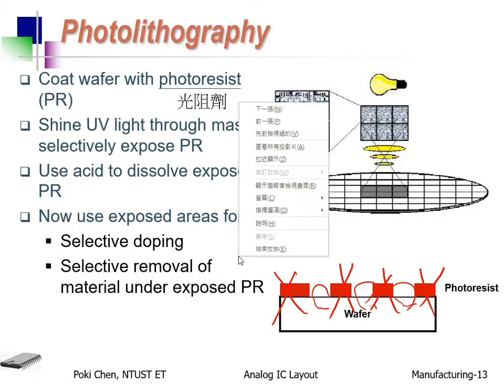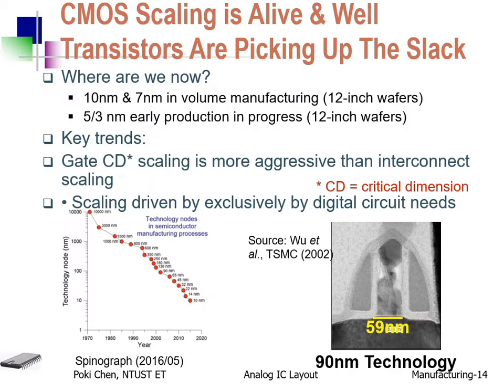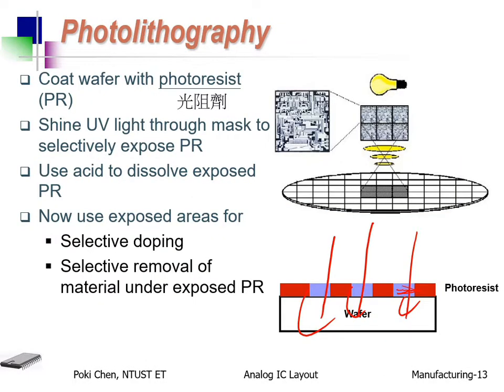So, after you wash out the exposed one, for what? Maybe to fabricate some layer here, or to diffuse, to imprint some kind of impurity inside the surface. Okay? That's it. No secret. That's it. Alright.